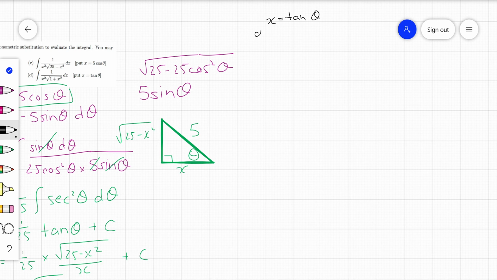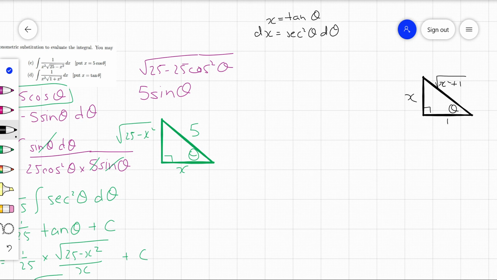If we do that, dx is sec squared theta d theta. While I'm at it, why don't I do my right angle triangle? Tan theta is x on 1, so the hypotenuse will be the square root of the addition of x squared and 1.